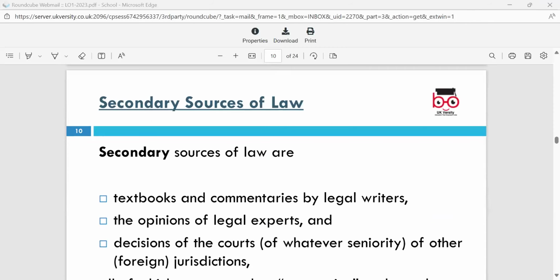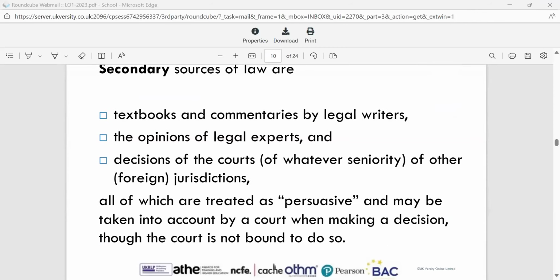Then we have secondary sources of law, which are things like legal encyclopedias. It could be law review articles, legal experts, decisions of courts of other jurisdictions. It could be legal dictionaries. It could be American law reports.